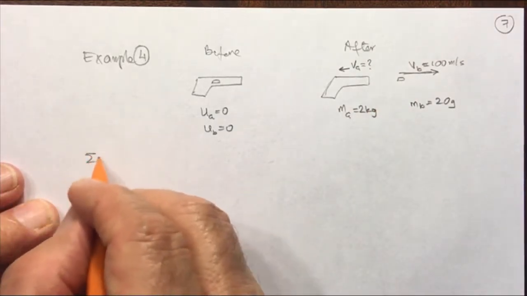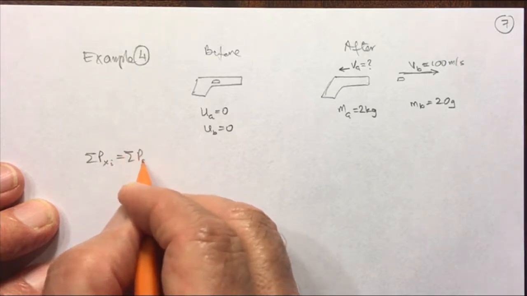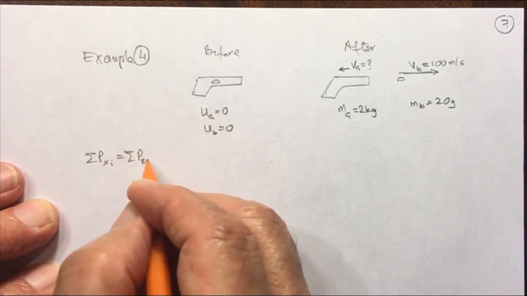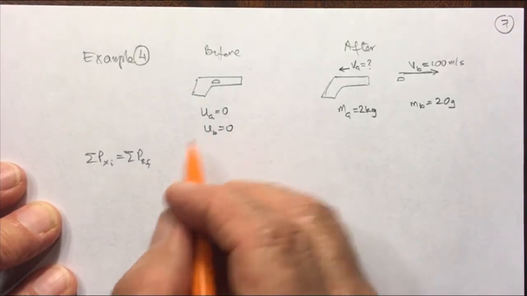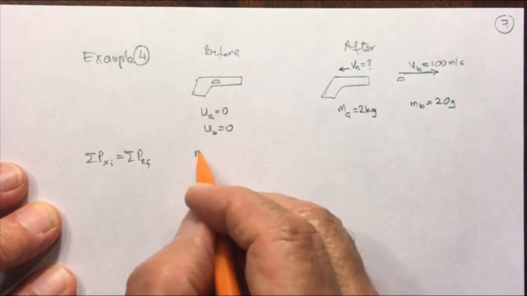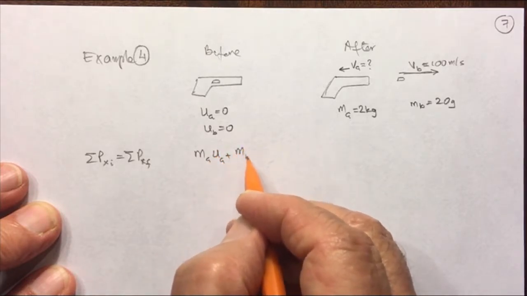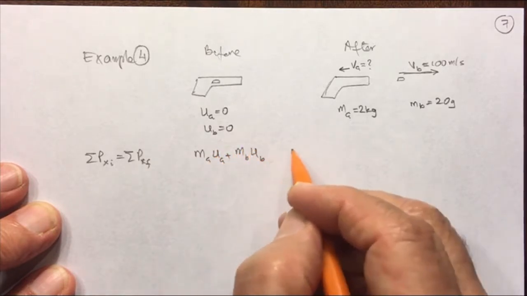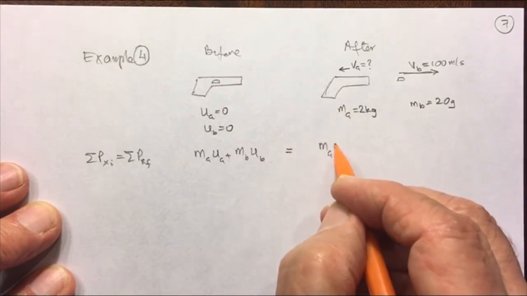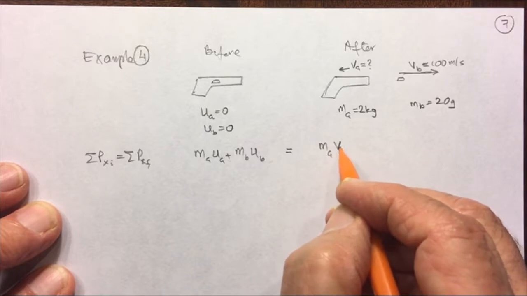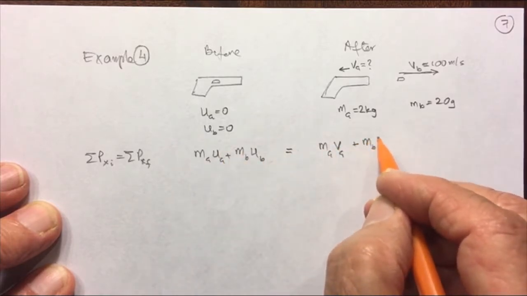Then we apply the momentum initial is the sum of the momentum final, both in the x direction because it's actually 1D. So the initial momentum will be mass of the gun, speed of the gun, plus mass of the bullet, speed of the bullet. On the right hand side, it's going to be mass of the gun, speed of the gun, so the finals are v's and the initials are u's, plus mass of the bullet and speed of the bullet.